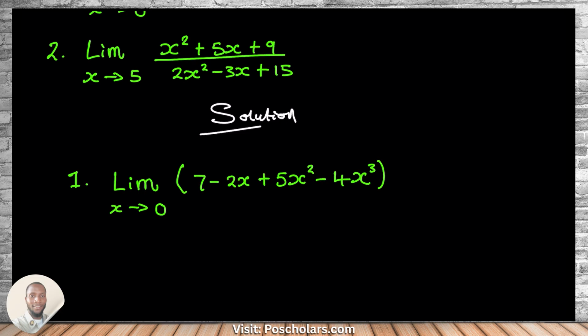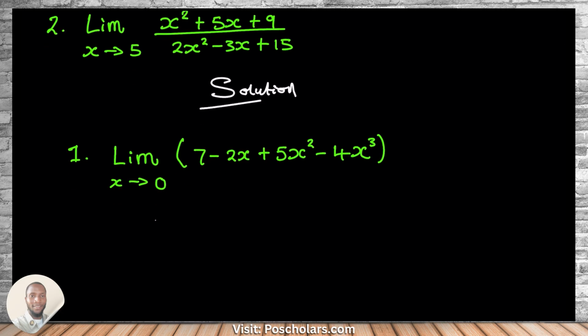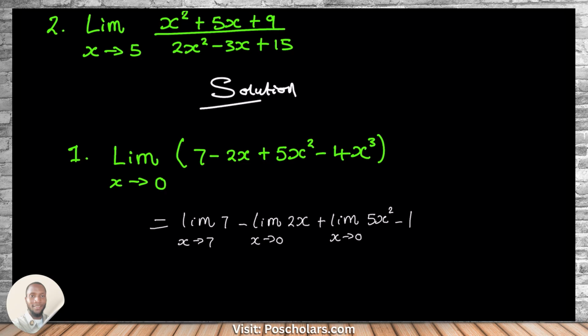What does that mean? That means I can start by saying this limit now is equal to limit as x tends to 0 for 7, then minus limit as x tends to 0 of 2x, then plus limit as x tends to 0 again of the function 5x squared, then minus limit as x tends to 0 for the function 4x cubed.